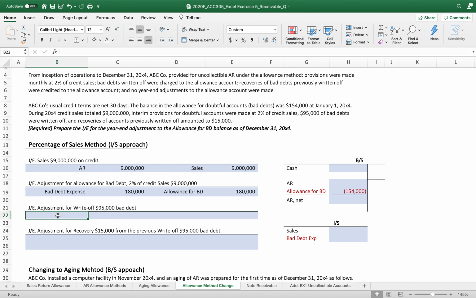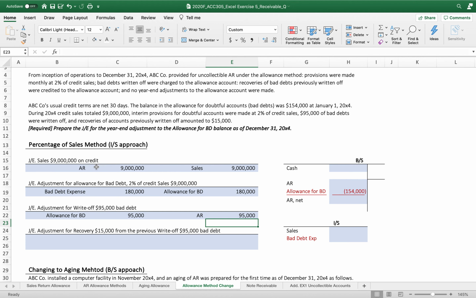So now, from the provision we have set up, we don't need to have this amount any longer because it's never to be collected, right? So now we actually reduce AR because it is now determined. Now we can touch this AR.